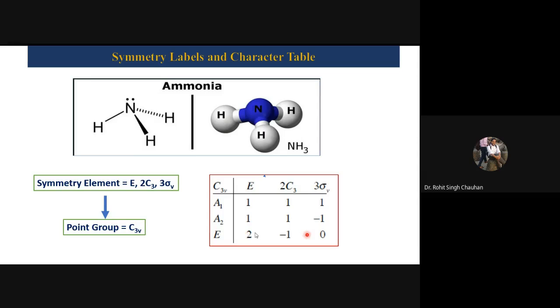This is the character table, right? In the previous slide, I was telling these are the characters of the irreducible representation. Characters, right? These are irreducible representations. This one is the point group, and these are the symmetry elements. And this 2 and this 3 in front of sigma v correspond to the number of symmetry elements.